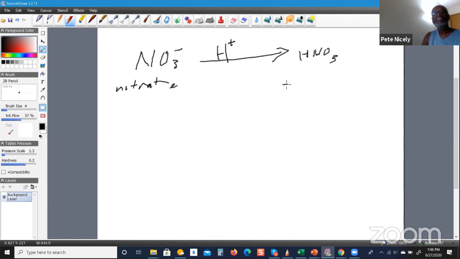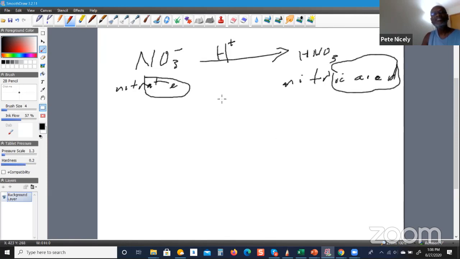And the name of this acid is nitric acid. So in this case, the ATE ending is replaced with ic acid. That's how we deal with the naming of acids formed from anions whose name ends with ATE.